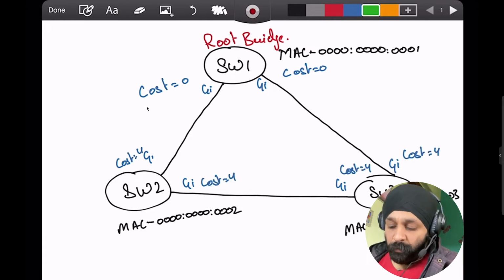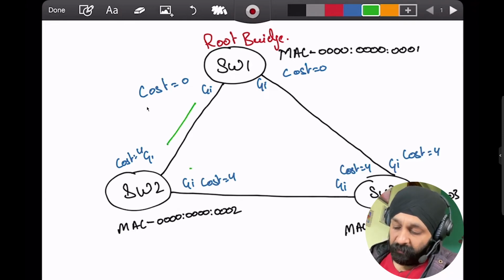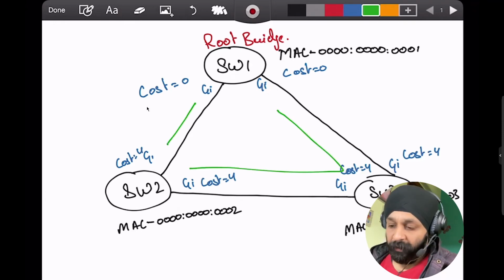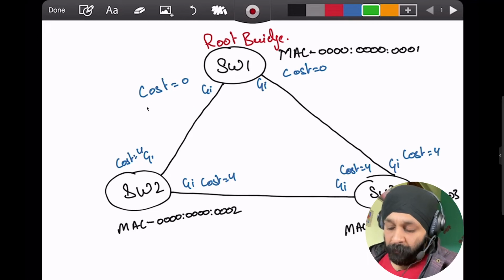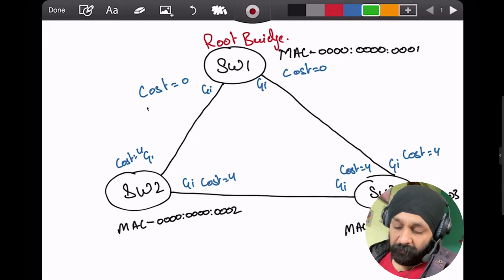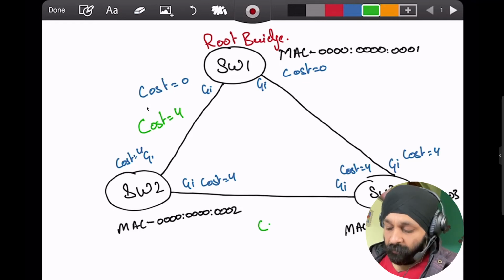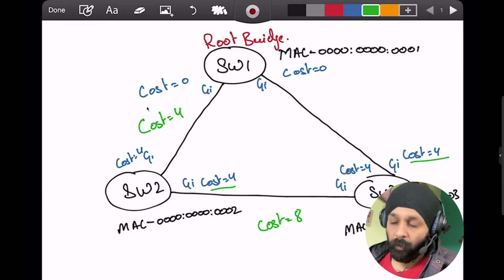Now, for switch 2, there are two paths available. One path is from here, and the other path goes through switch 3. The path that goes directly has a cost of 4, and the cost for the other path is 8: 4 for going from here, and 4 for going out this port. So 4 plus 4 is 8.